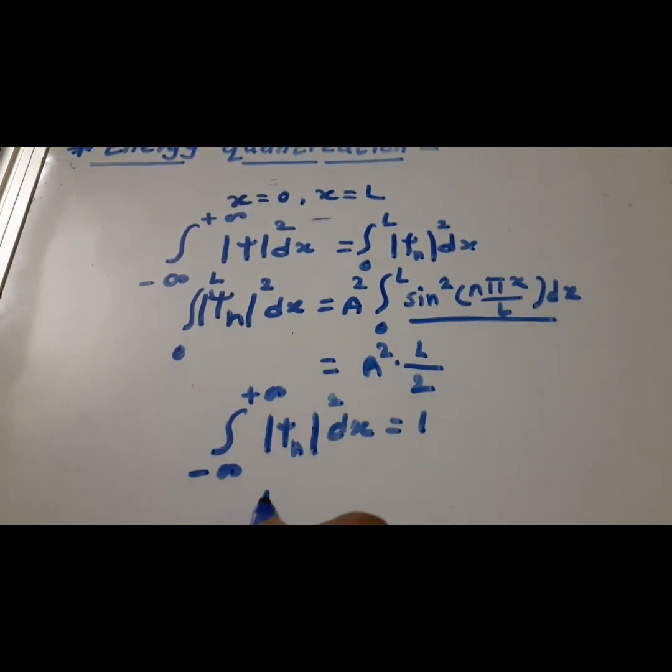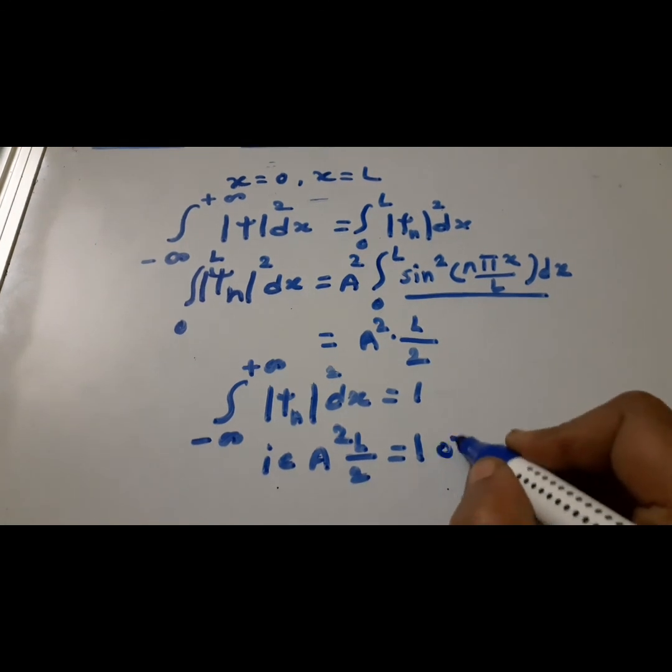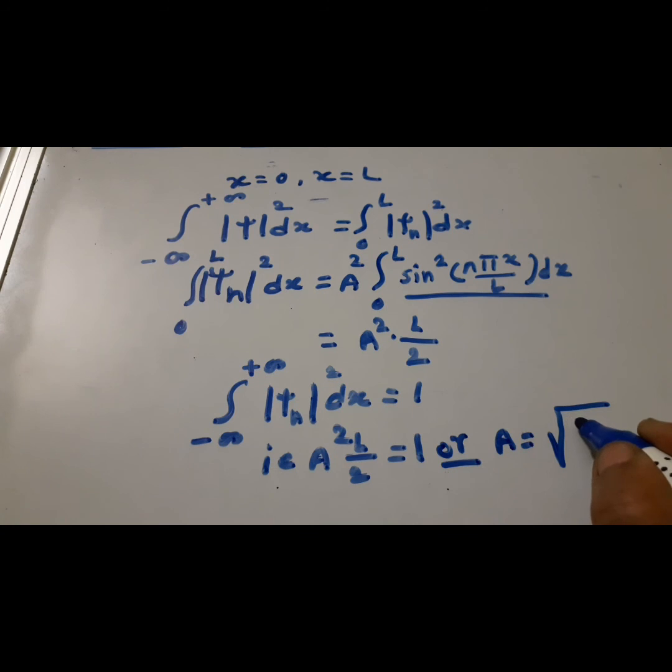That is, A square L by 2 is equal to 1, or A is equal to under root of 2 by L.